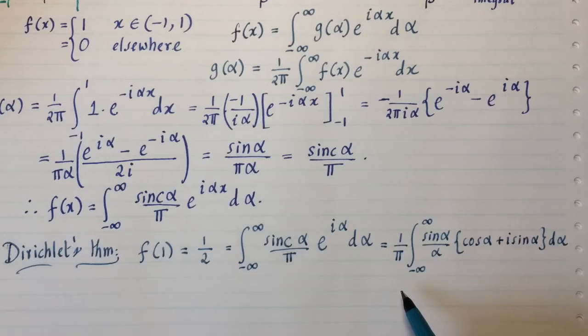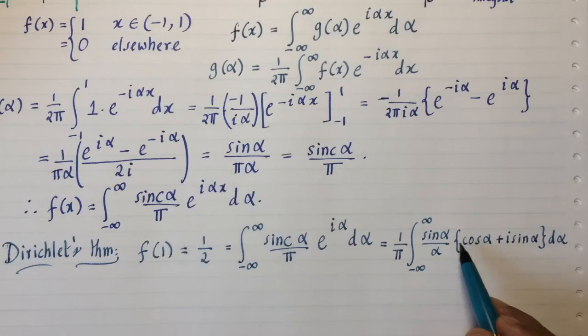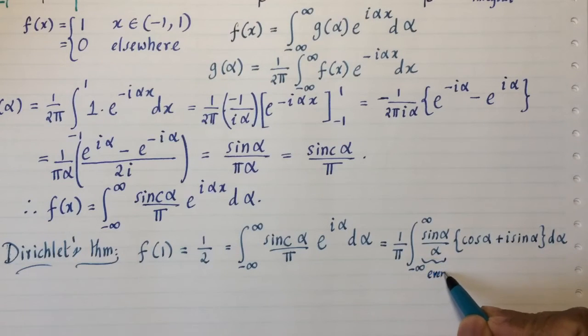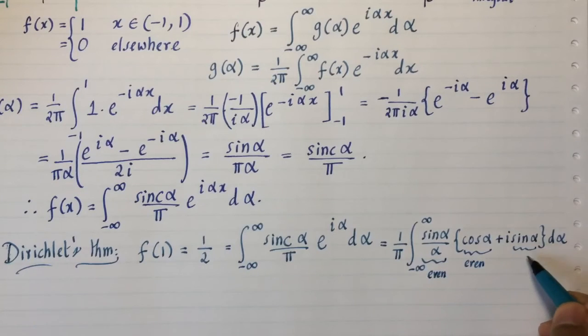Now, cosine alpha times sine alpha over alpha. Cosine is an even function, sine is an odd function, but alpha is an odd function too. So sine alpha by alpha is actually an even function. That's an even function, and that's an odd function.